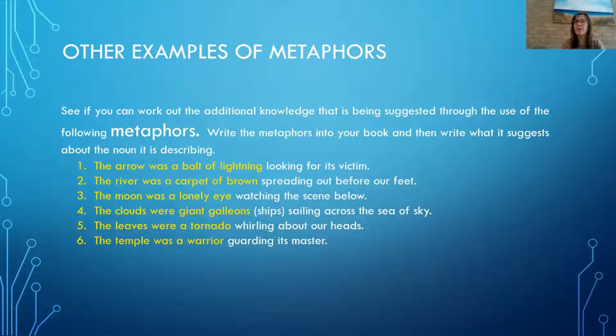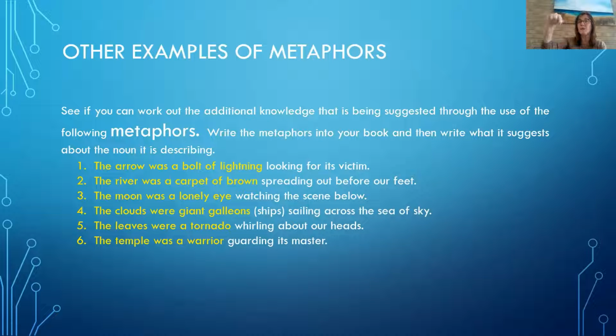I'll give you an example using number one. So if I was doing number one, I would write out the arrow was a bolt of lightning looking for its victim. Next to it, I'd have to think, well, what does that suggest by using a bolt of lightning? It suggests that the arrow was very fast and possibly like a direct hit.